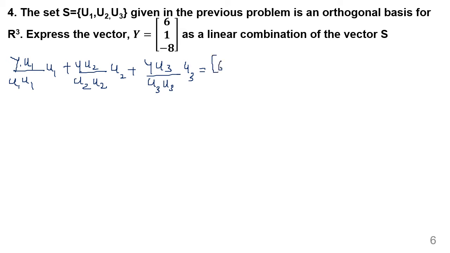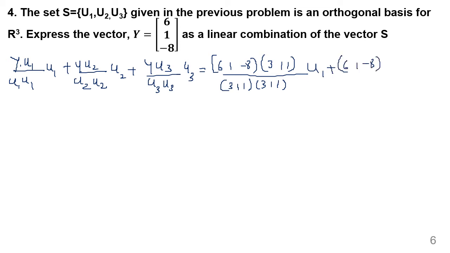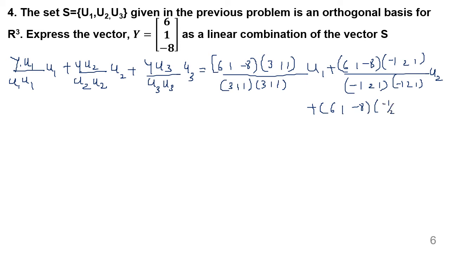So y is (6, 1, -8) · u1, which is (3, 1, 1), divided by (3, 1, 1) · (3, 1, 1), times u1, plus y · u2, which is (-1, 2, 1), divided by (-1, 2, 1) · (-1, 2, 1), times u2, plus y · u3, which is (-1/2, -2, 7/2), divided by (-1/2, -2, 7/2) · (-1/2, -2, 7/2), times u3.